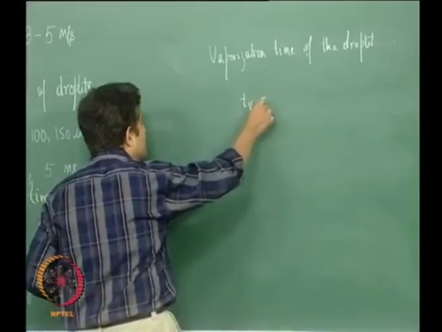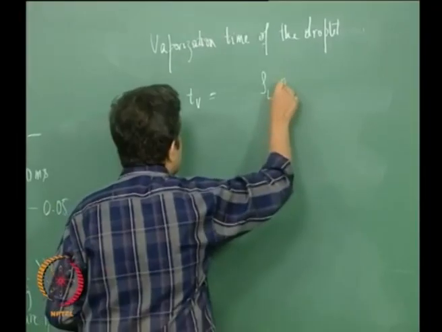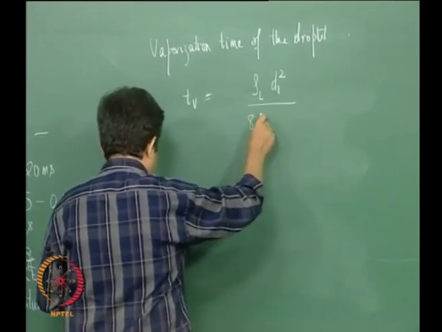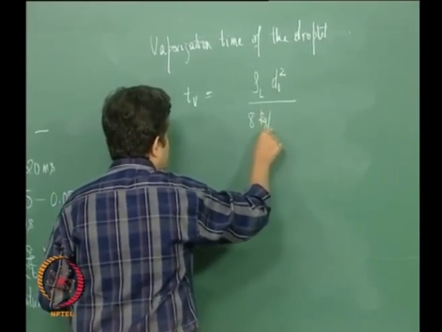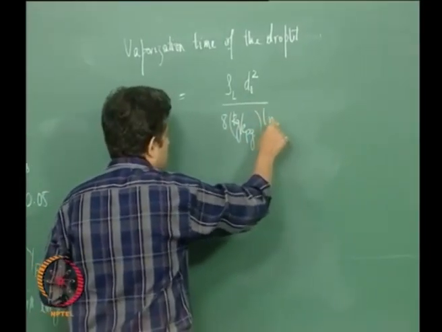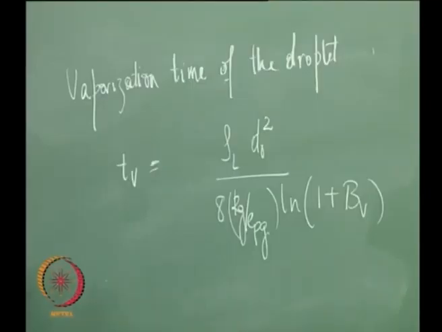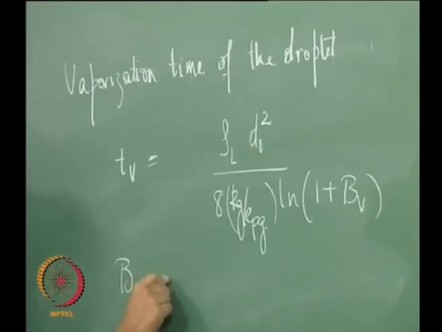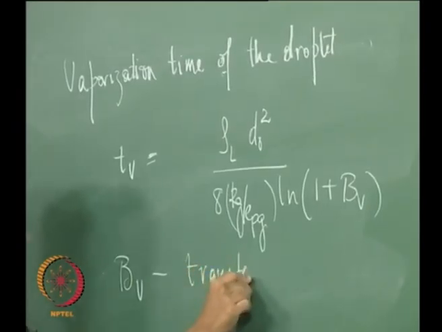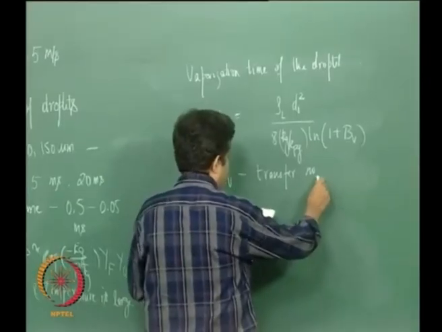TV is given as, where BV, if you recollect, is the transfer number that we had discussed earlier, that is, it is the ratio of.